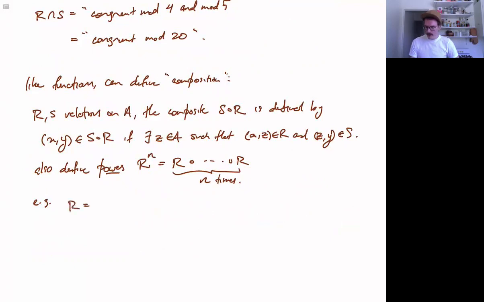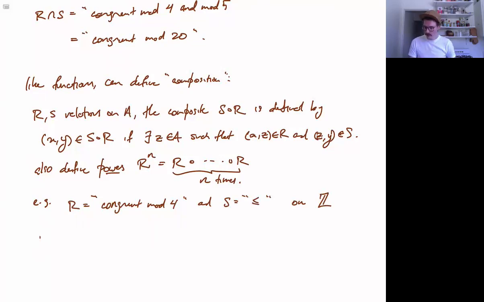Let's consider the relation R, which is congruence mod 4, and S, which is the relation less than or equal to. And let's consider these as relations on the integers.